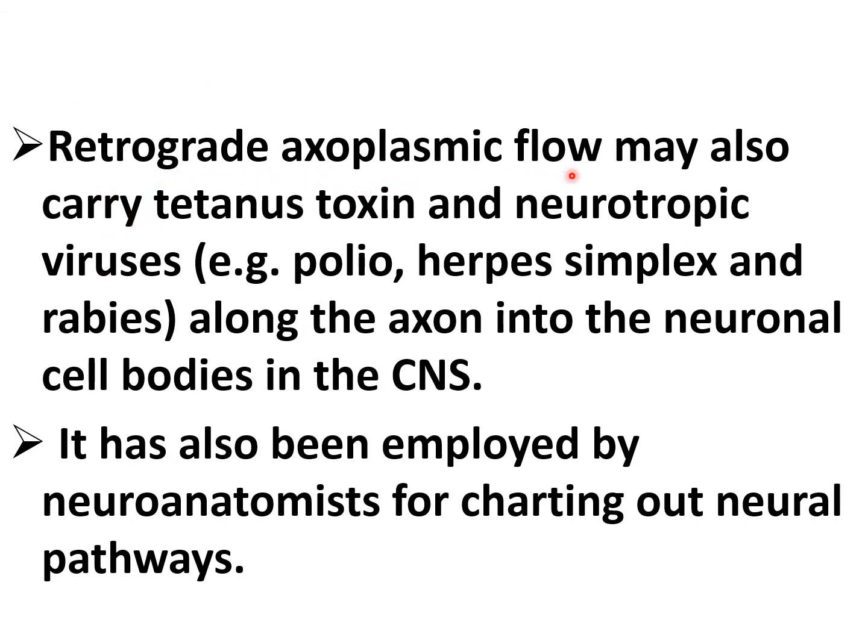Retrograde axoplasmic flow may also carry tetanus toxins and neurotropic viruses, for example polio, herpes simplex and rabies, along the axon into the neuronal cell body in the central nervous system. And it has also been employed by neuroanatomists for charting out neural pathways.